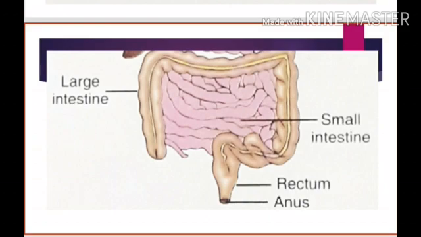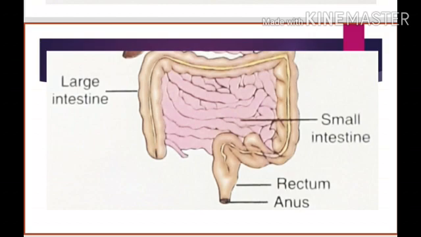Unlike the small intestine, the large intestine is wider and short, and the large intestine helps in absorption of water from the undigested food, because the body knows the importance of water. 70% of our body is made up of water. That's why every drop of water is saved in the wonderful machine of our body.